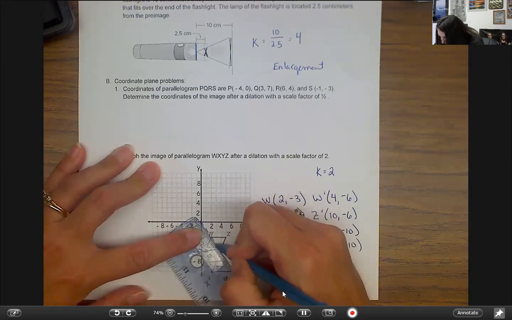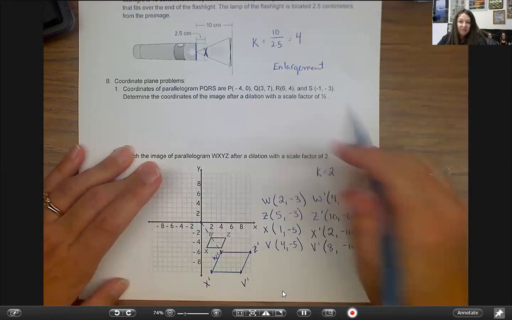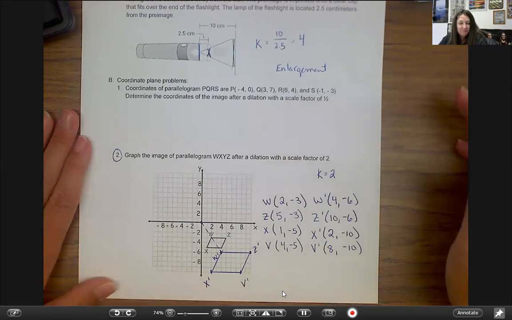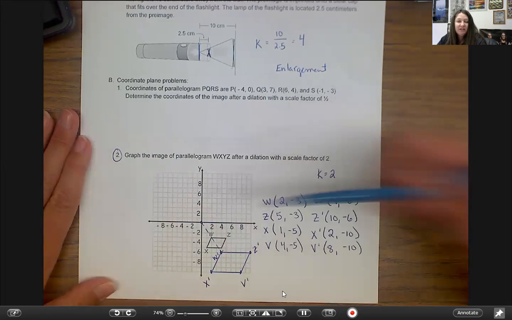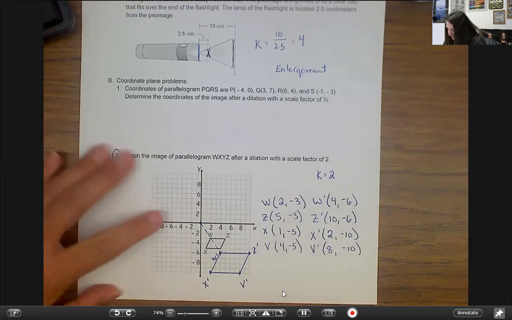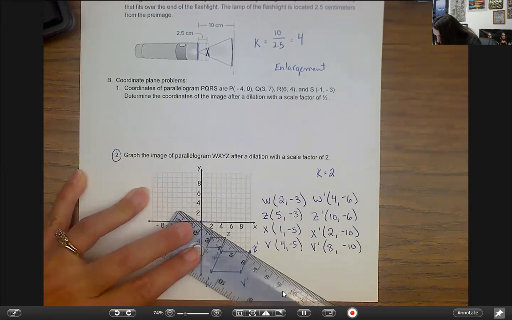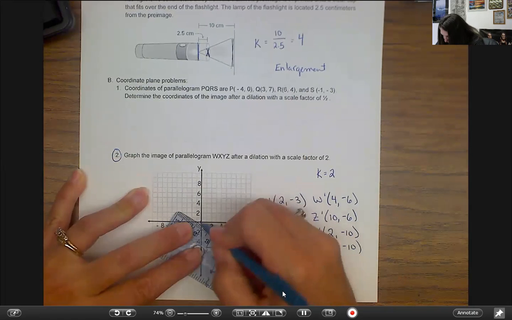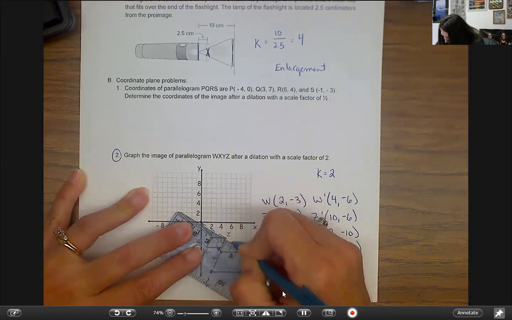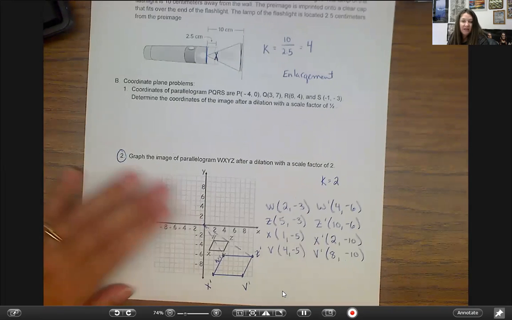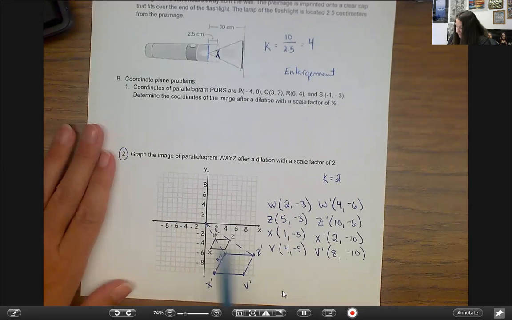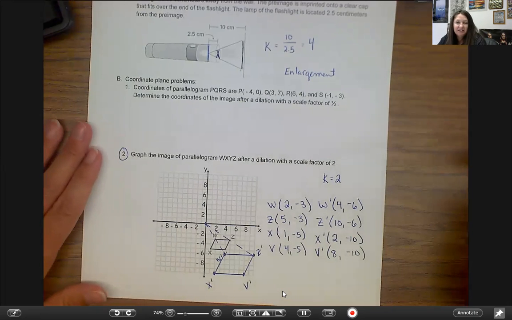And you can see here that W and W prime line up with the center of dilation, or even Z with Z prime. And that would continue to any of your vertices that you would line up.